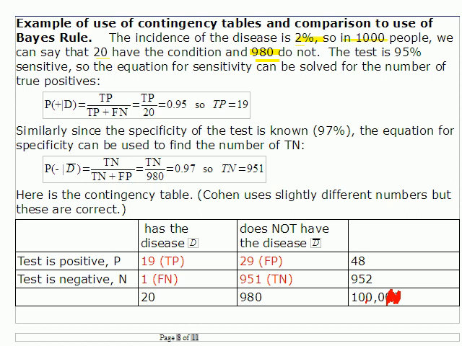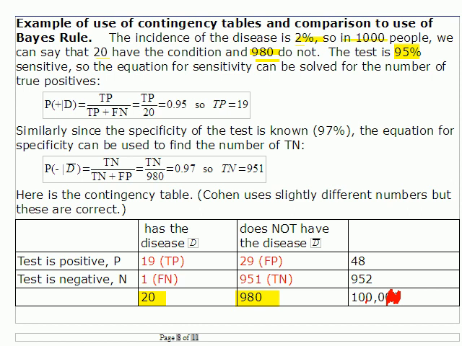Okay, now, so here are our numbers. Out of 1,000 people, 20 will have schizophrenia, 980 will not. The test was supposed to be 95% sensitive. That means if a person had schizophrenia, they would get a positive result. So that's really sensitivity.